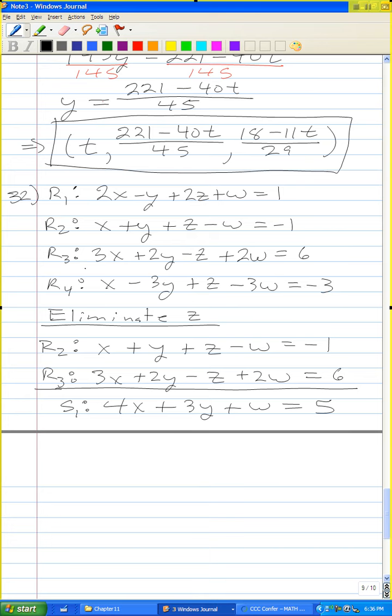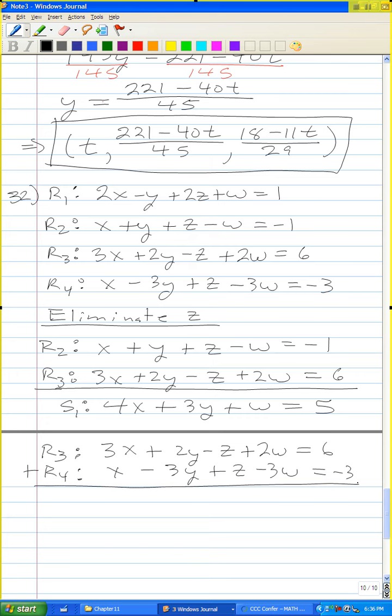Let's do R3 and R4. 3x plus 2y minus z plus 2w equals 6. x minus 3y plus z minus 3w equals negative 3.